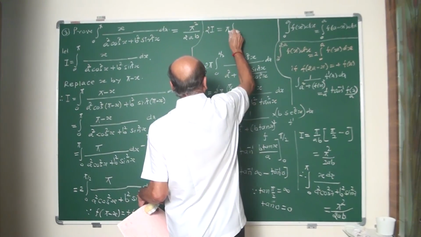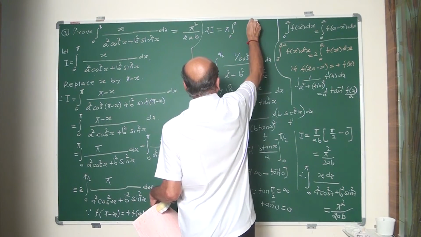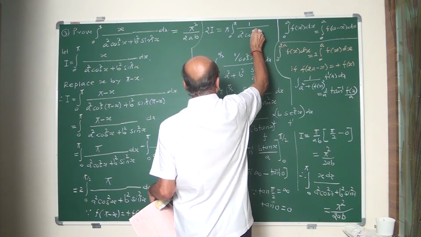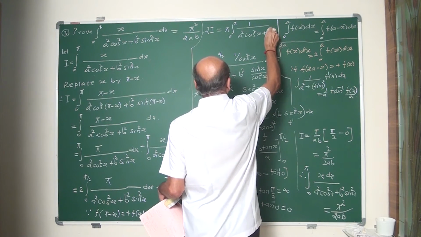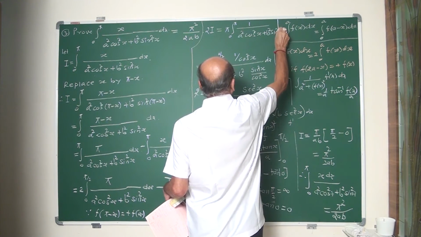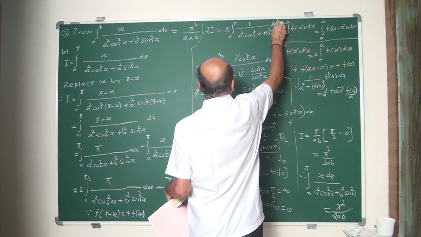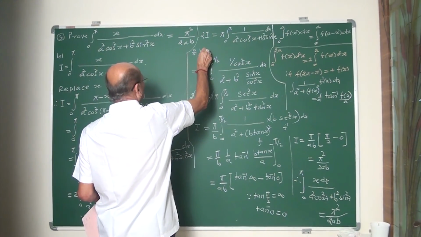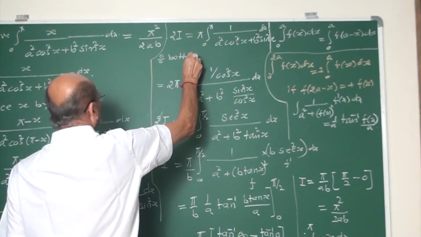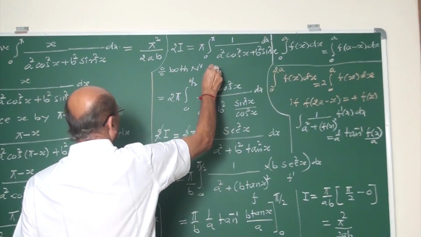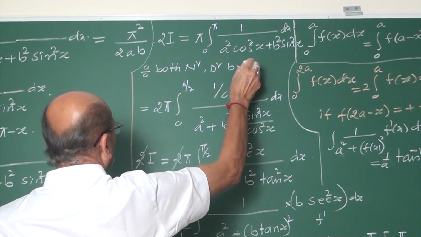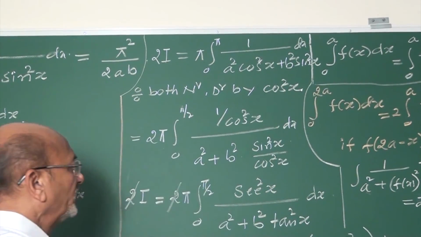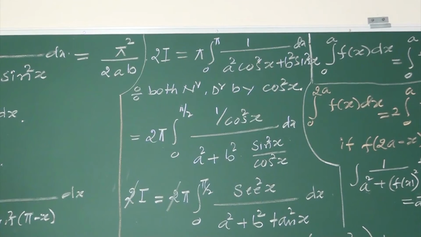It is integral 0 to pi, 1 upon a square cos square plus b square sin square dx. Now you divide both numerator and denominator by cos square x.